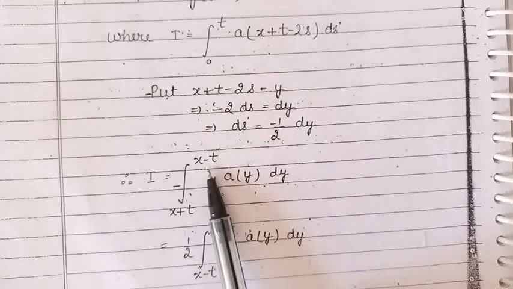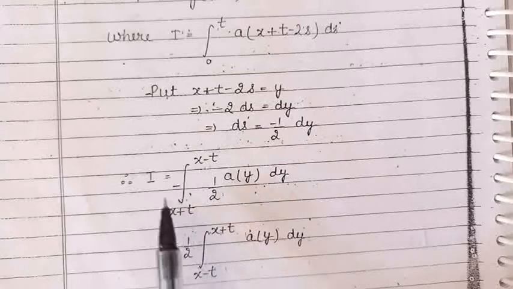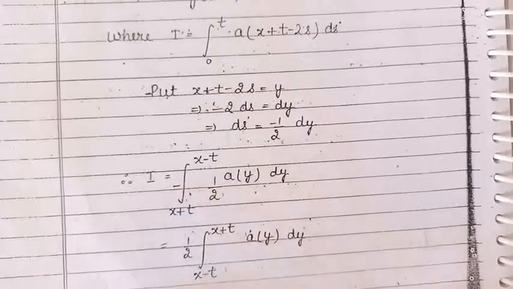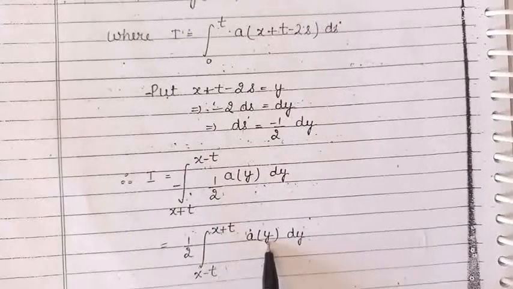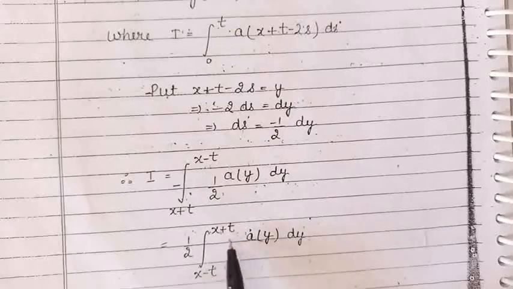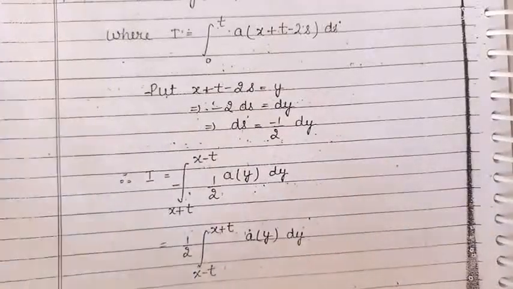By using the properties of integrals, if we interchange the limits of integration, this will become positive. So I is equal to half of the integral of a at y between the limits x minus t to x plus t.